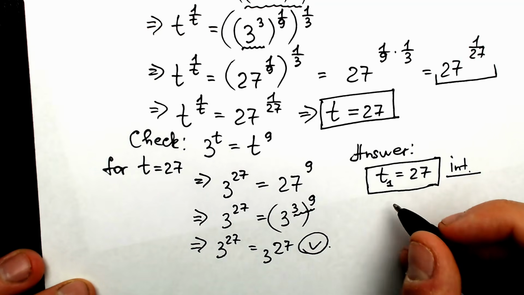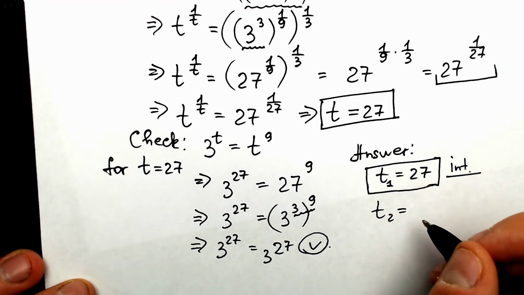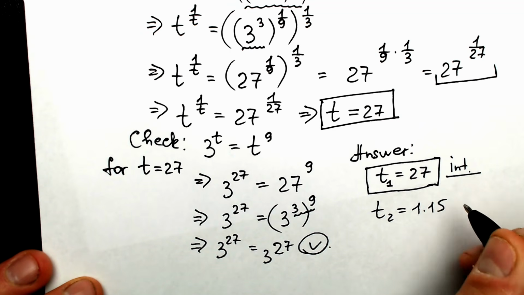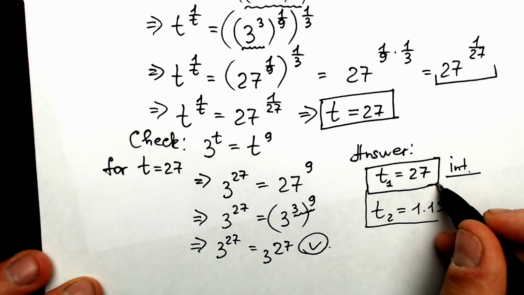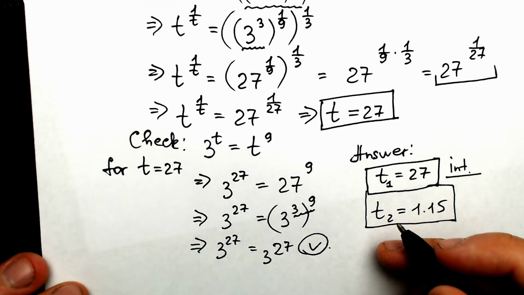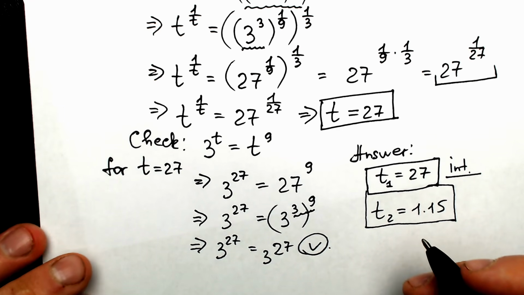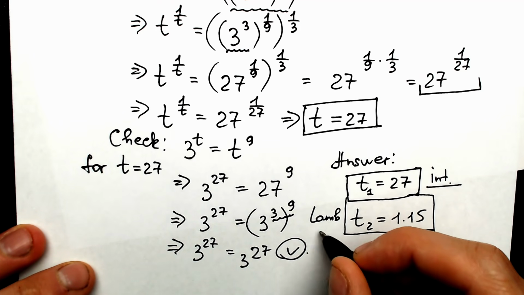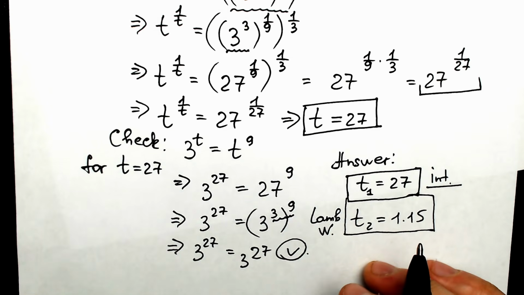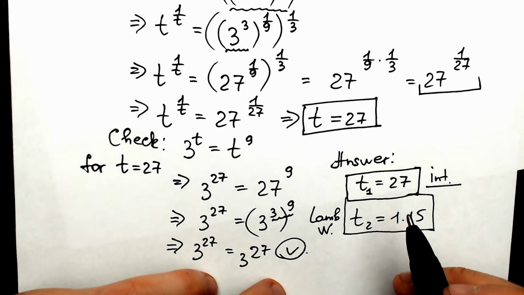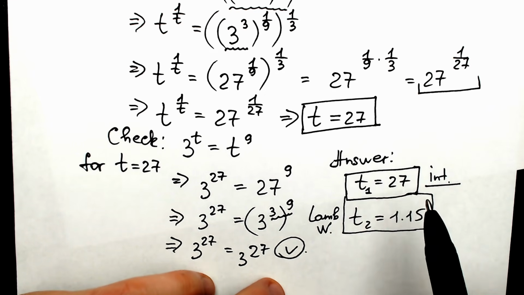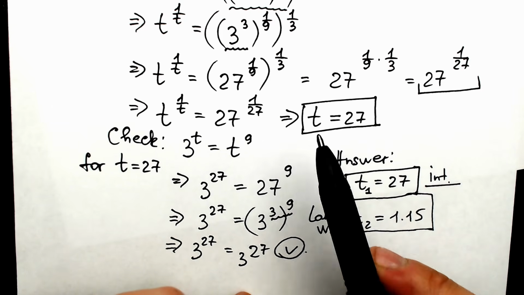But in general, there is another root, t second, equal to 1.15, and of course according to this method you can't solve this question for this t second. But as I said before, I made this video a few months ago, and I solved this part according to Lambert W function. So if you want to see it, you can easily check it on my YouTube channel. I solved it for t second equal to 1.15 according to Lambert W function. But this video is about power rules, about these tricks.